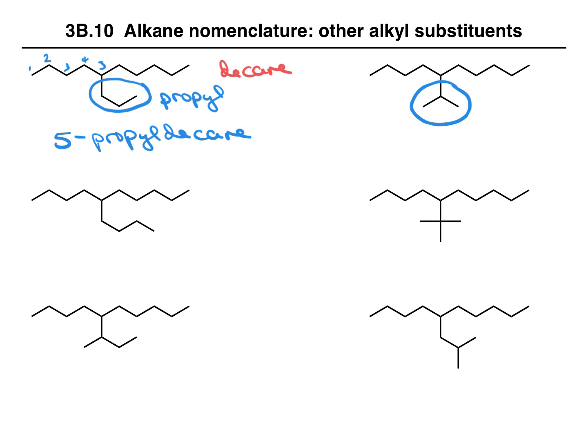So we could think of it as if here's our branch, and then this is carbon 2 branching off of the branch. And so this would be called an isopropyl group. So this compound can be named 5-isopropyl decane.